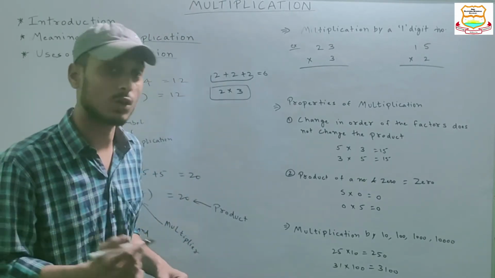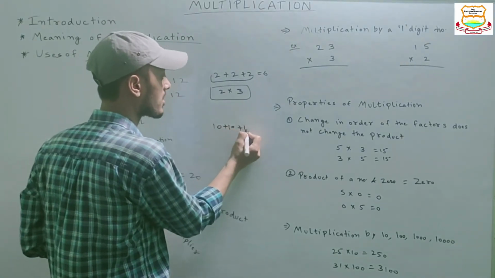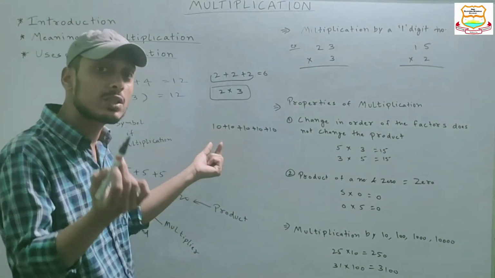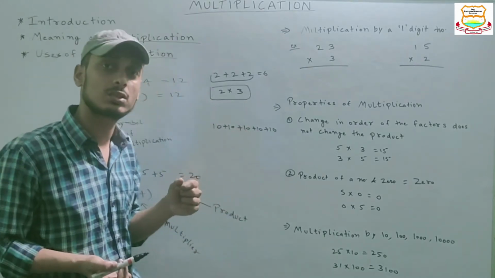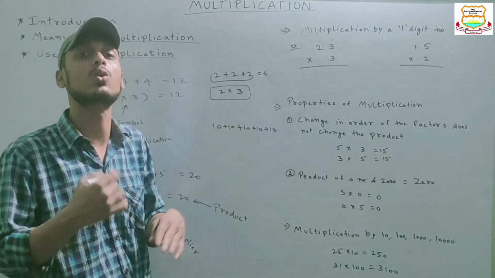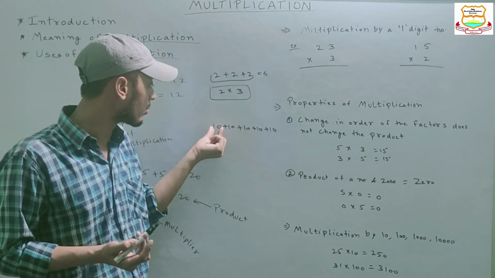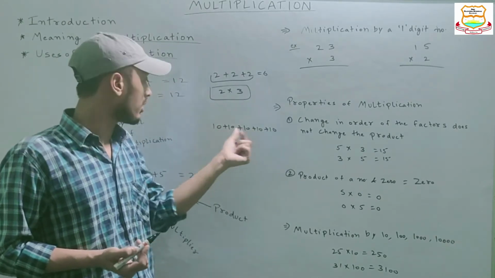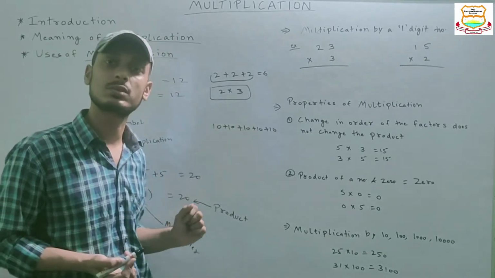For finding the total cost, you need to add 10 plus 10 plus 10 plus 10 plus 10. Means you need to add 10 rupees 5 times. Isn't it? I hope you are getting this. In order to calculate the whole amount, you need to add the cost of one marker 5 times. Here, the same number is added.